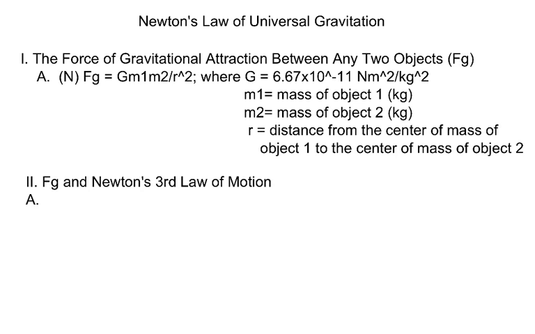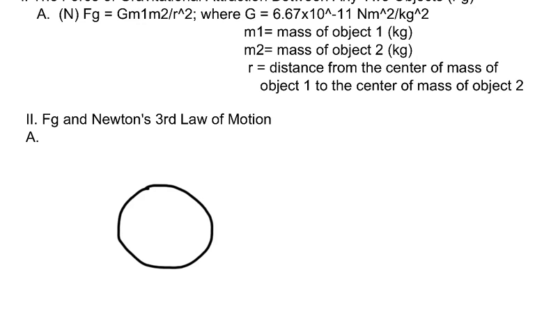Alright, now I'd like to talk about the force of gravity and Newton's third law of motion. Here's the Earth. Here's you standing on the Earth. And there is a force of gravity on you. I'm going to call this a person.